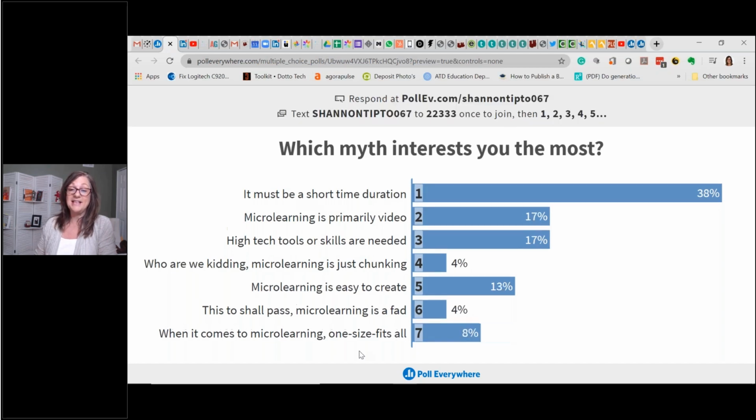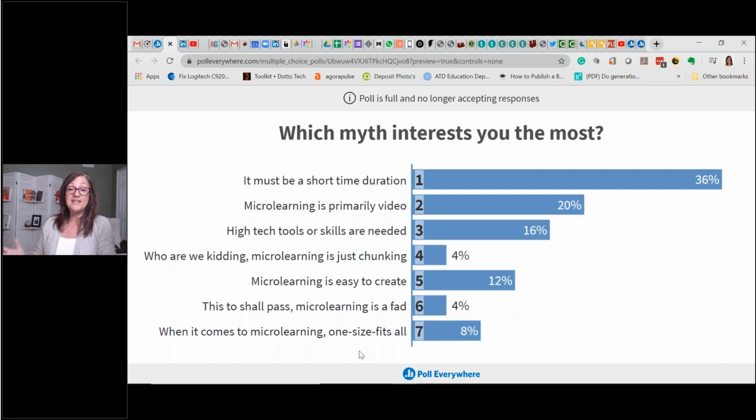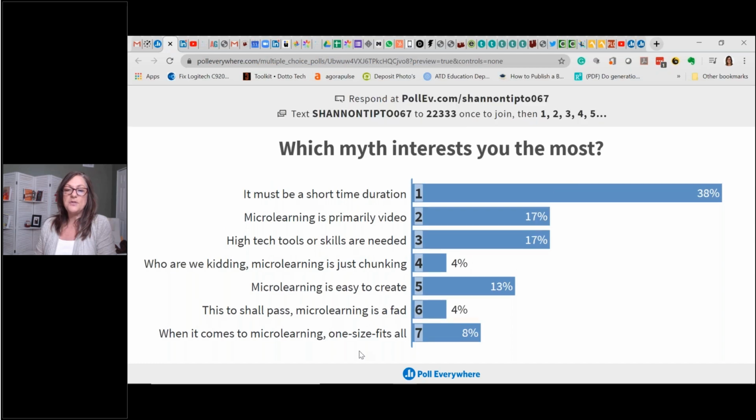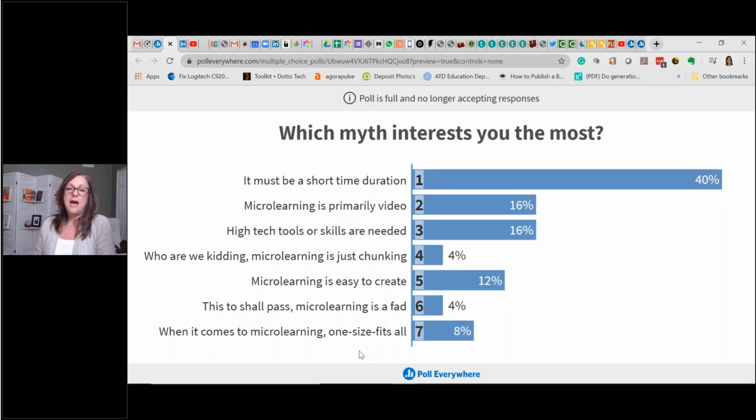And I see that that has one of the lower ones. So that's great. So everybody is really on board with the fact that microlearning is not just chunking and we understand that concept. That's awesome. So that tells me I don't have to spend a whole lot of time talking about that. But everybody is really interested in the duration and whether or not it's video or whether or not we need some high tech tools or high programming skills in order to make microlearning happen.